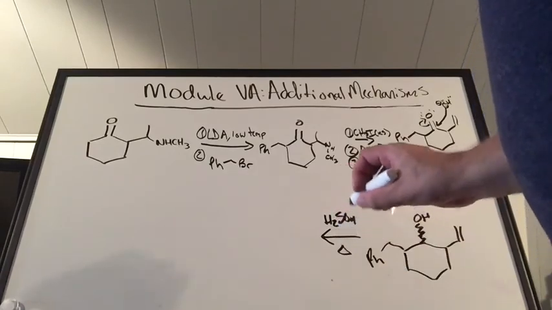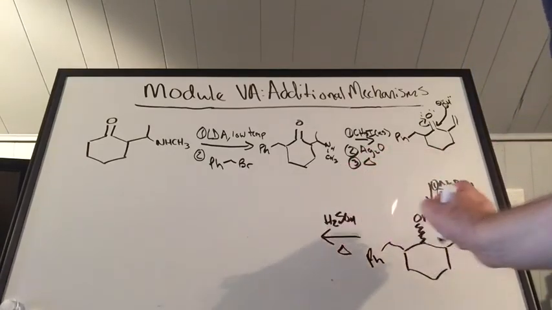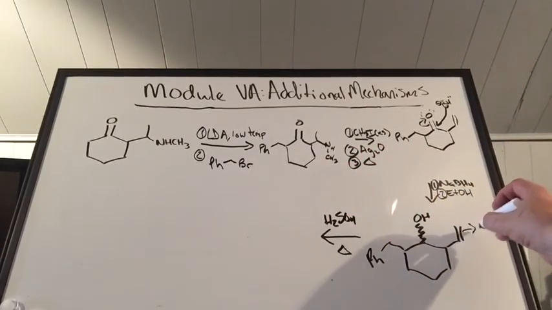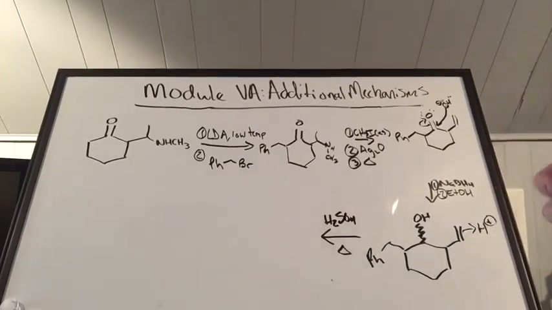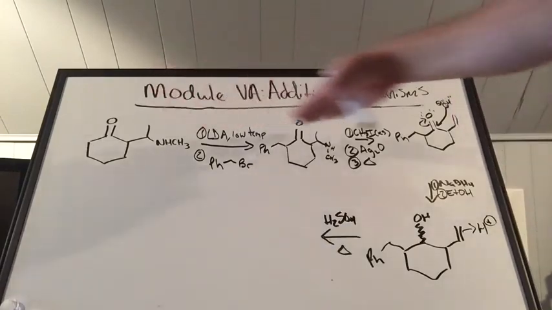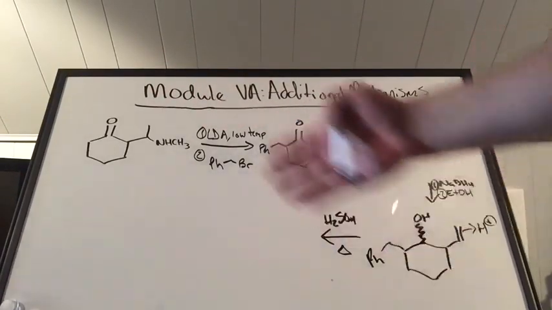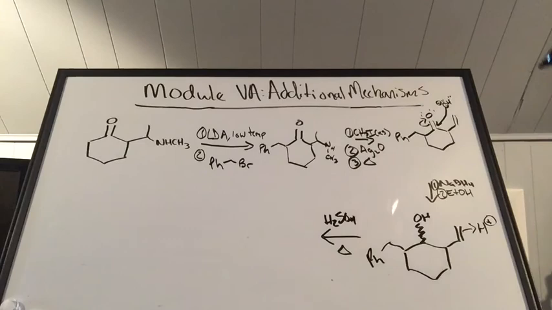So let's say this just picks up a hydrogen, H plus. I know some of this is review, but I'm trying to do a little bit of a review on the top here and get you into some stuff that we're going to be seeing moving forward.